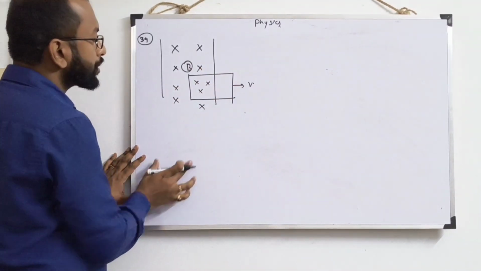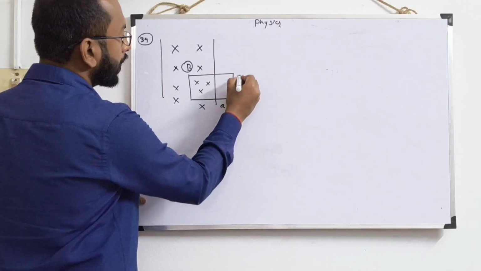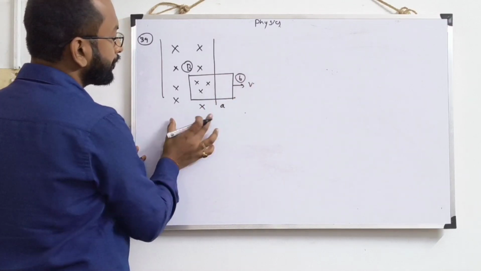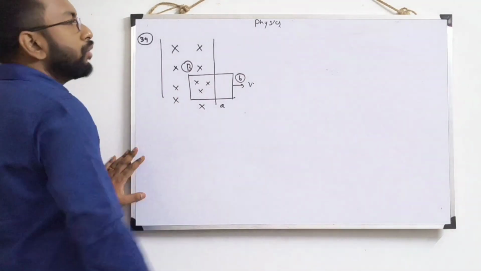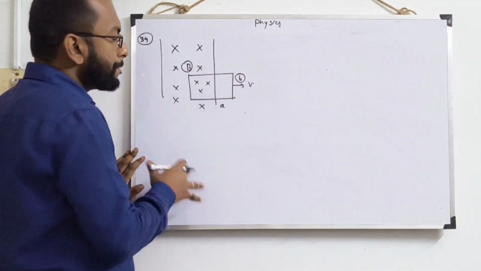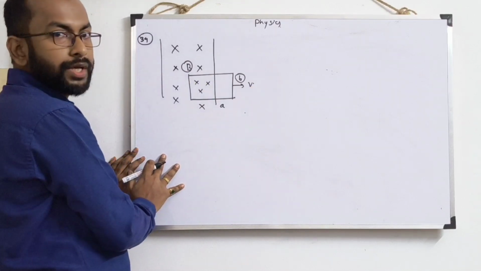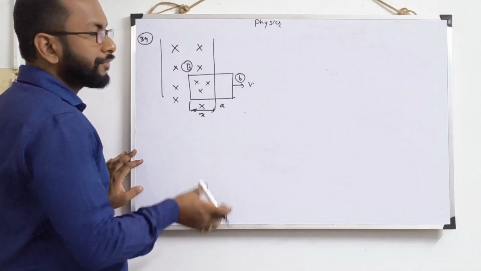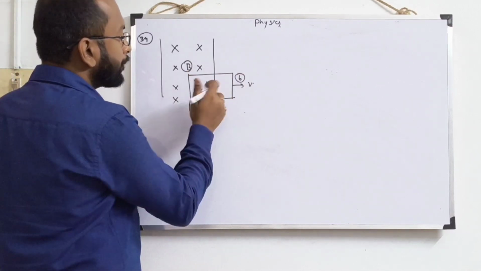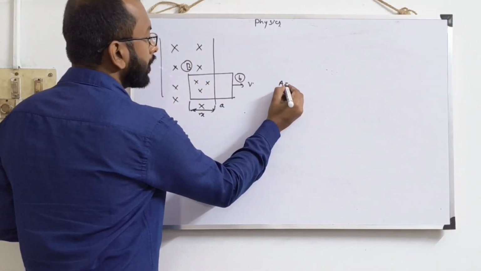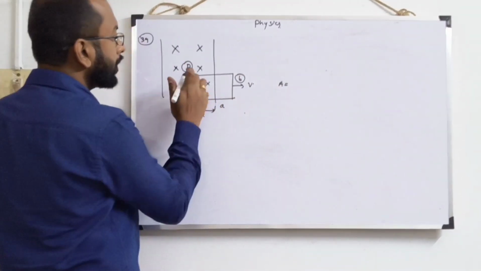Now let's say the dimensions of the rectangular loop are A and B. This dimension is A, this is B. As it is moving out, the magnetic flux is reducing. If x is the length that is inside the magnetic field, then at any point of time, what is the area that is inside the magnetic field? x into B.